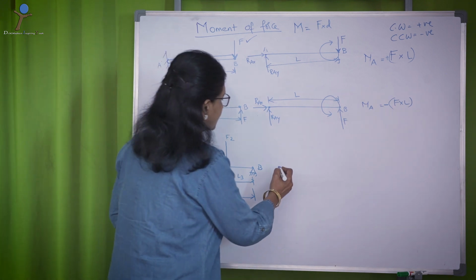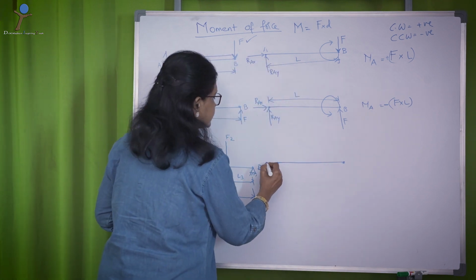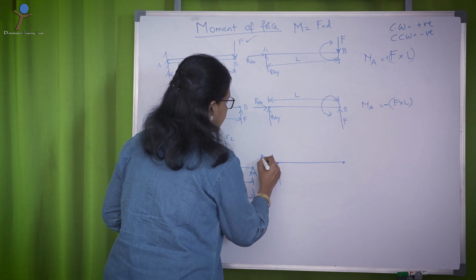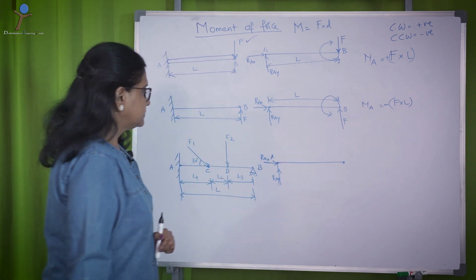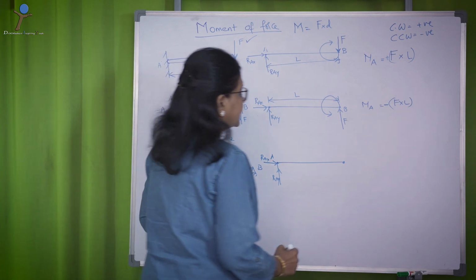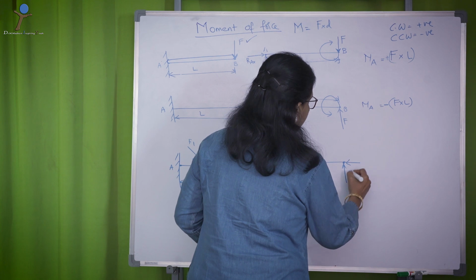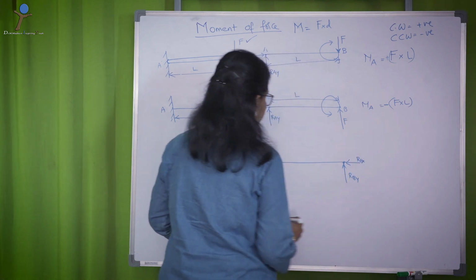For this, you draw the free body diagram as again the reactions acting here are RAX, RAY, okay, and this is a hinge. A hinge again has RBY and RBX.